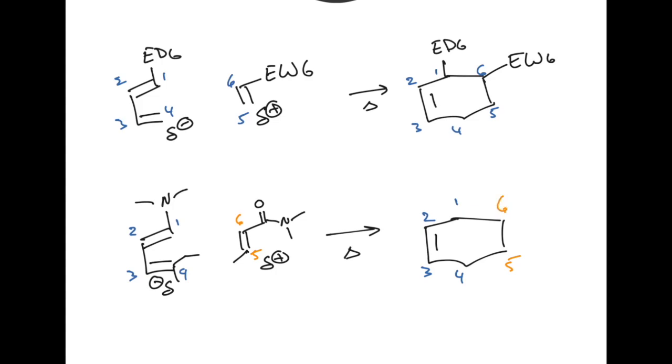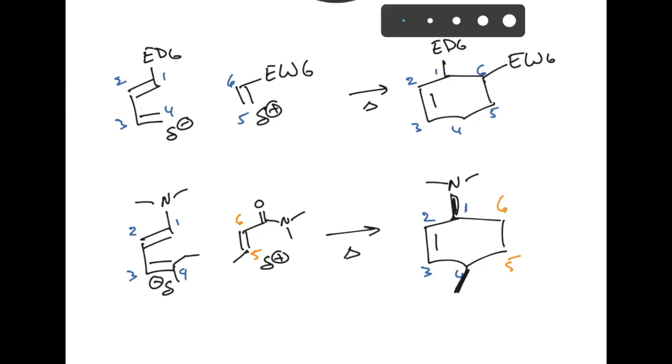So the nitrogen on carbon 1 and the methyl group on carbon 4, are they on the same side or on opposite sides? Same side. So they're both going to be on the same side in the product. So we make the nitrogen up. That makes that methyl group up. And then the nitrogen on 1 and the ethyl group on 4 are on opposite sides.